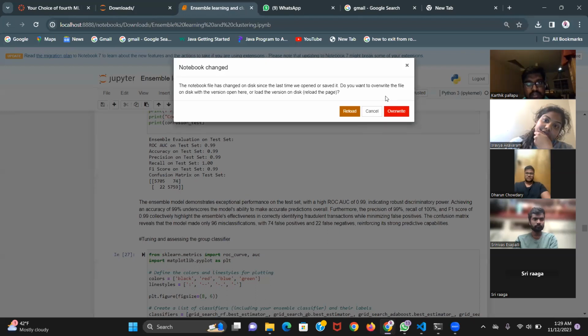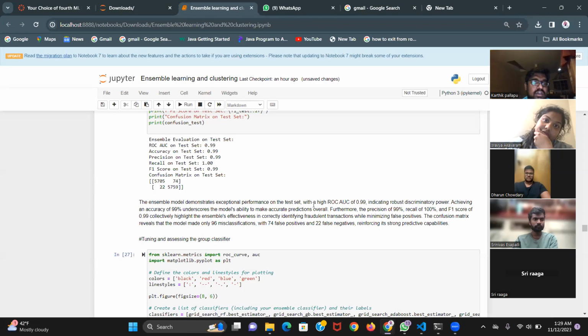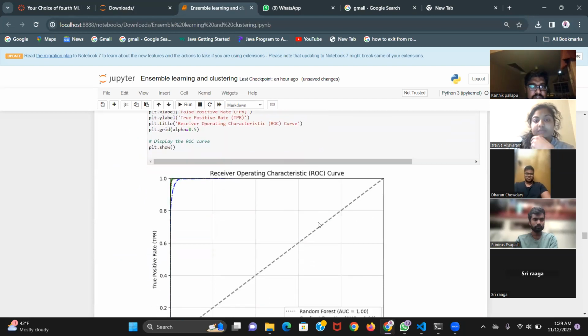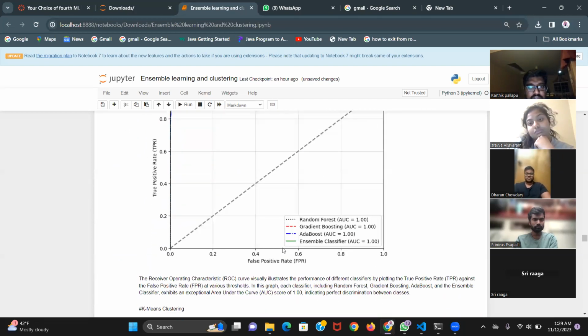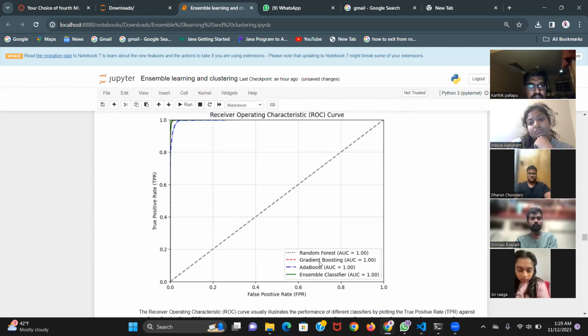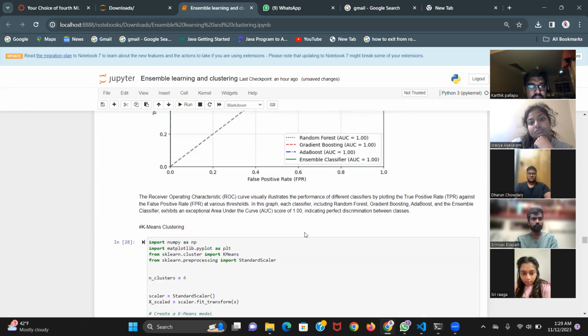And here you can see the receiver operating characteristic, the ROC curve, for gradient boosting, random forest, taking all the ensemble classifiers here.